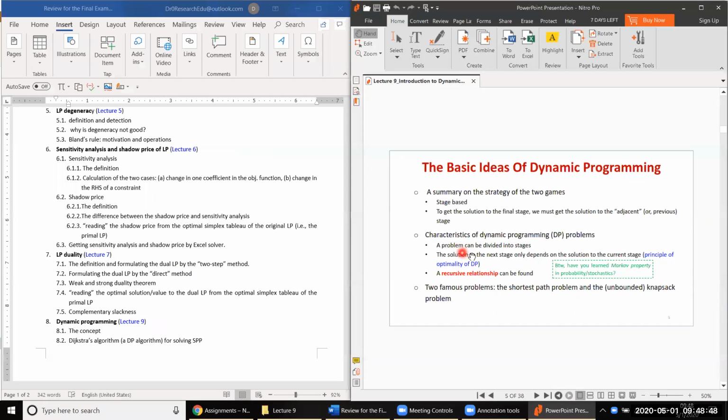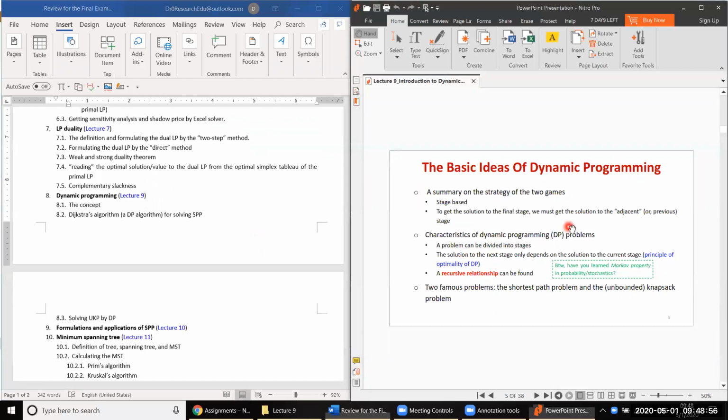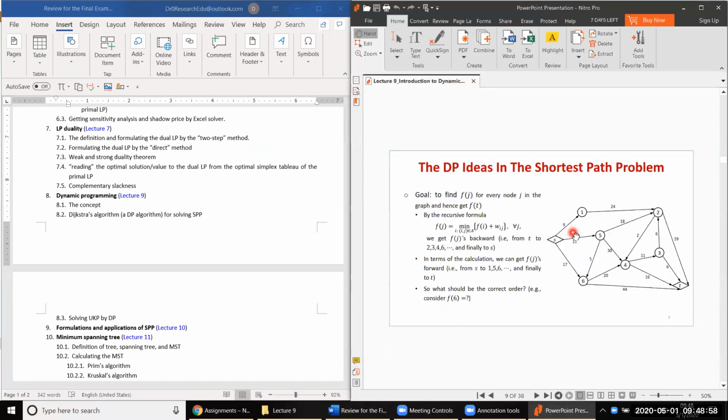We can divide these problems into stages and we have a recursive reformulation, okay? And then we use Dijkstra's algorithm to solve the shortest path problem, which is actually a DP. DP means dynamic programming, Dijkstra's algorithm is actually a DP algorithm.